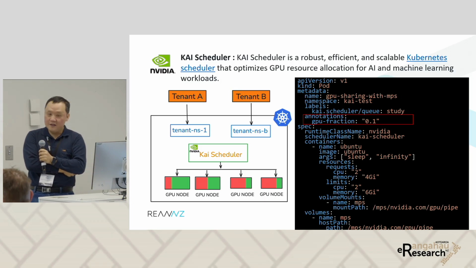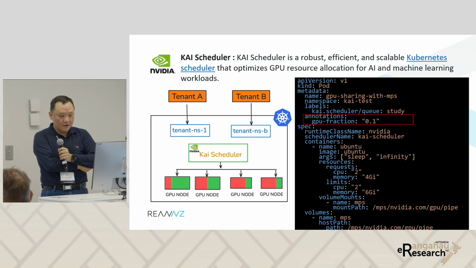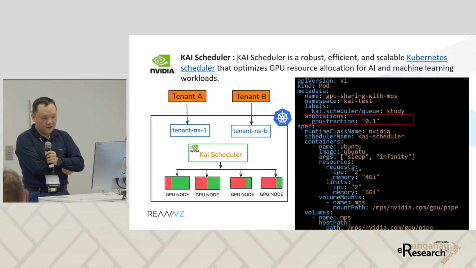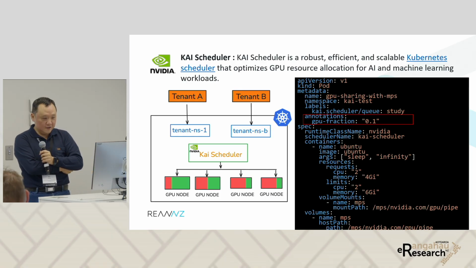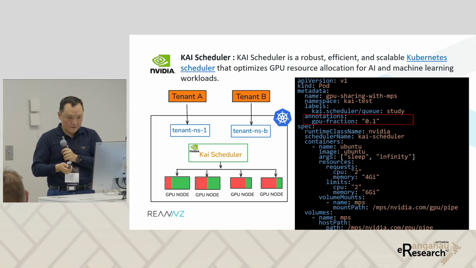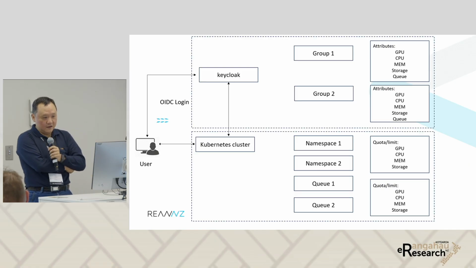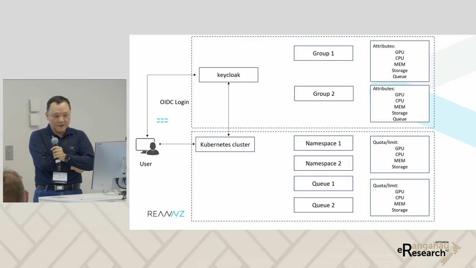And then we further deployed the CAT scheduler to support fractional GPU allocation, enabling workloads to request GPU resources in any decimal values. Another test is the multi-tenancy test.